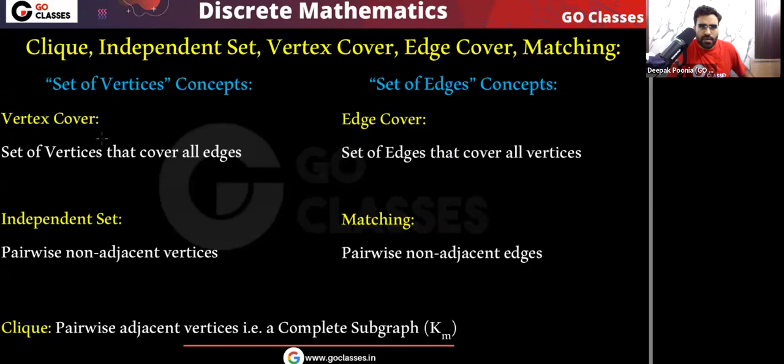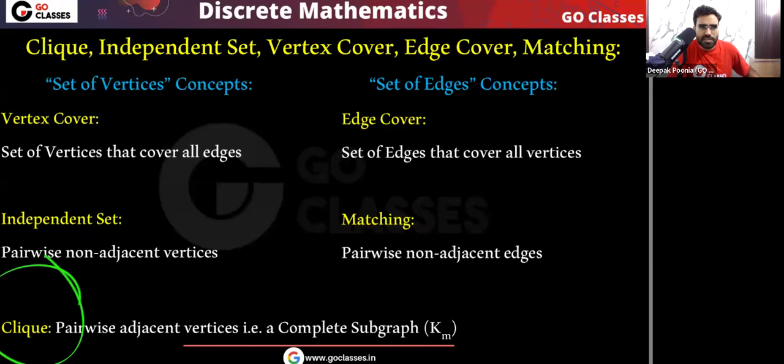Similarly, for vertices, we have a concept independent set, that is pairwise non-adjacent vertices. Now there is a corresponding concept for edges also, that is matching, that is pairwise non-adjacent edges. Okay, so you can see these concepts are corresponding concepts for vertices and edges. What is clique? Clique is basically set of vertices which are pairwise adjacent.